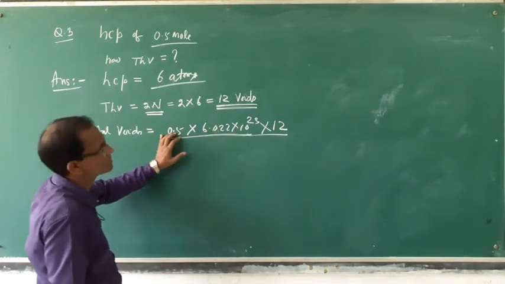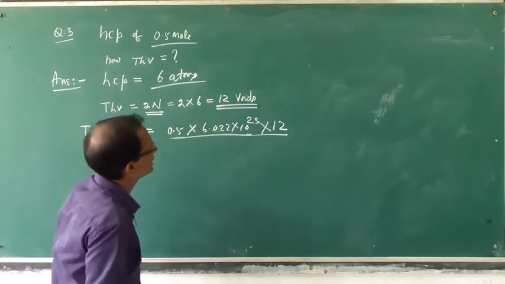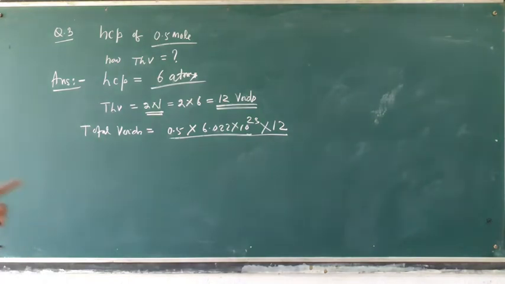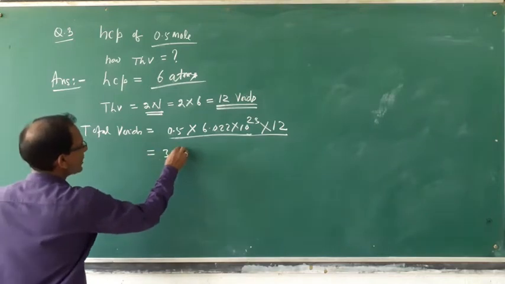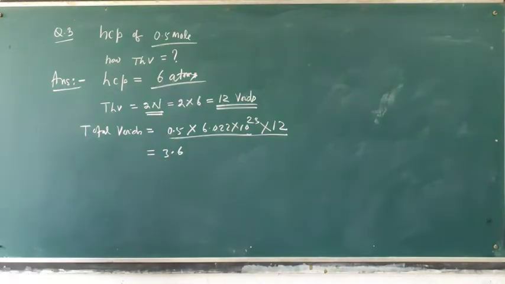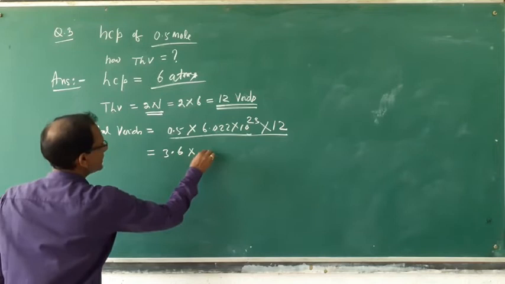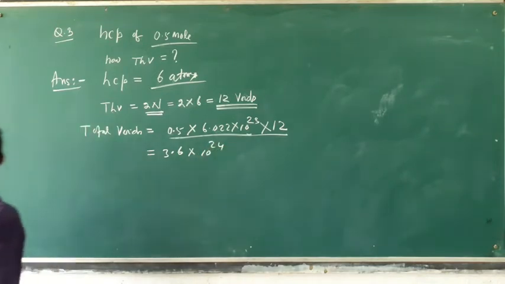The number of atoms here is 0.5 into 6.022 into 10 to the power 23. So the total voids will be that into 12. The result is 3.6 into 10 to the power 24 voids.